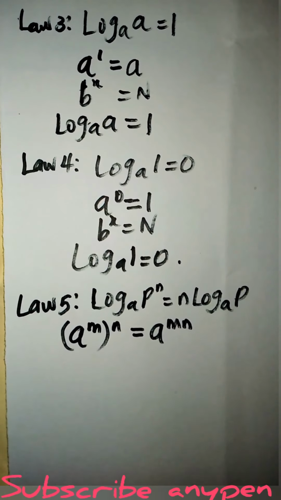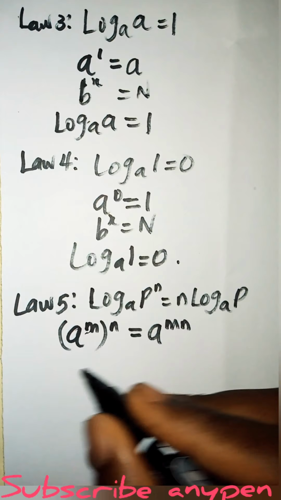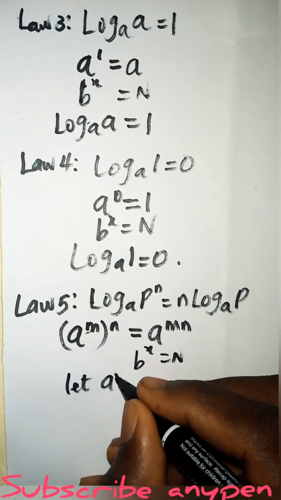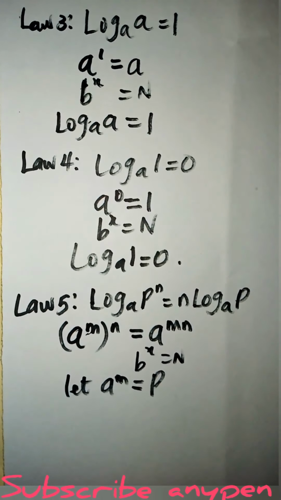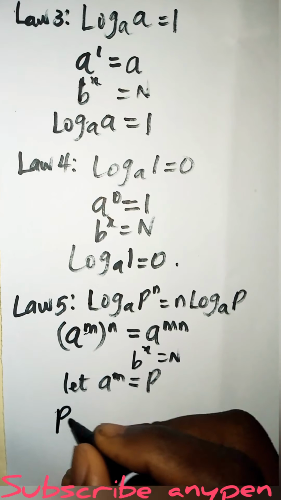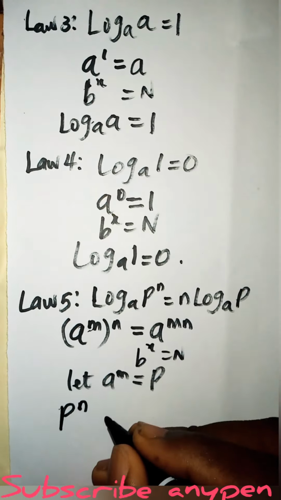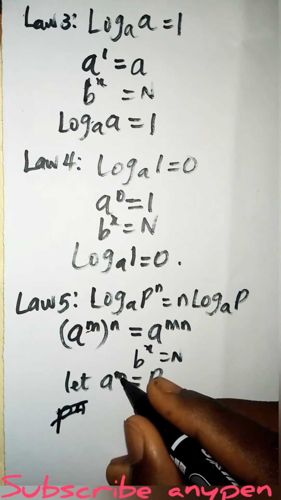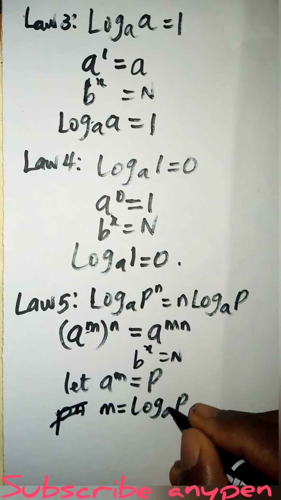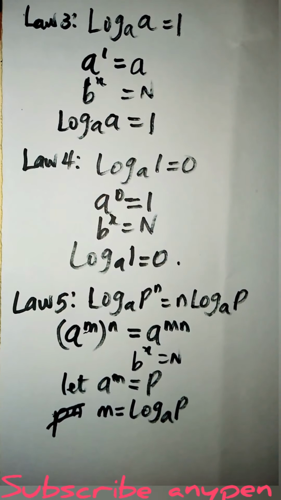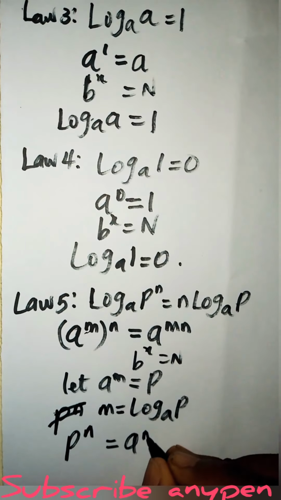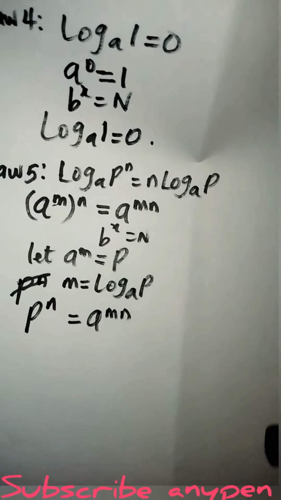Let a to the power of m equal p. So if a to the power of m is p, we have p to the power of n. I could obtain the value of m, so our m is log p base a. So p raised to the power of n is a to the power of mn.